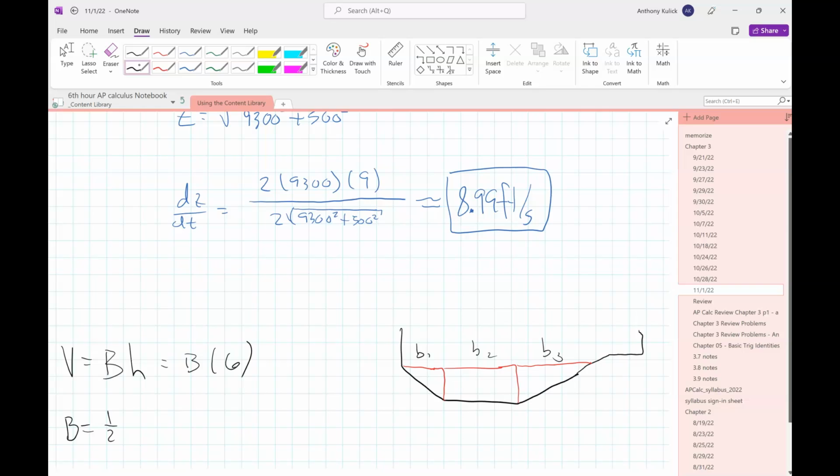I'll call this one B3. And this distance, that's going to be changing, I'll just call that H for height. Everybody cool with that? Or maybe I could call it D for depth. Whatever you want to call it.